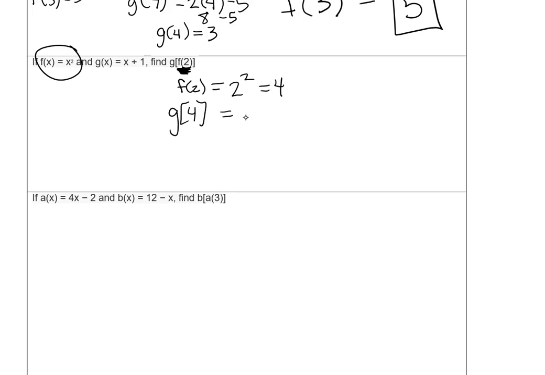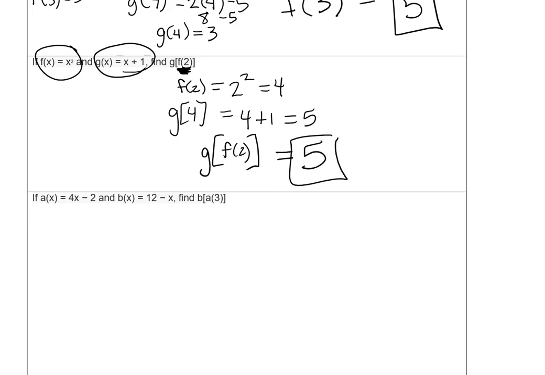That means take the g function, and instead of doing x plus 1, do 4 plus 1, which is 5. So I've determined that g of f of 2, which is the same thing as g of 4, since we know f of 2 equals 4, is equal to 5.